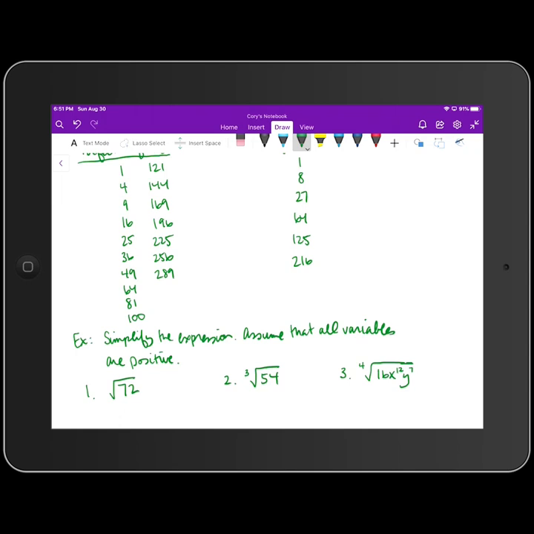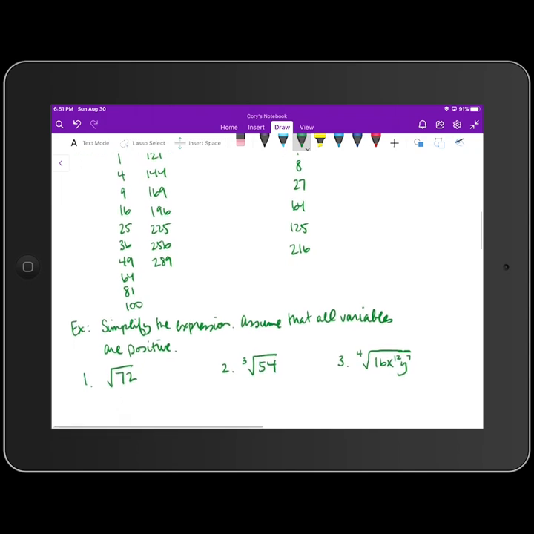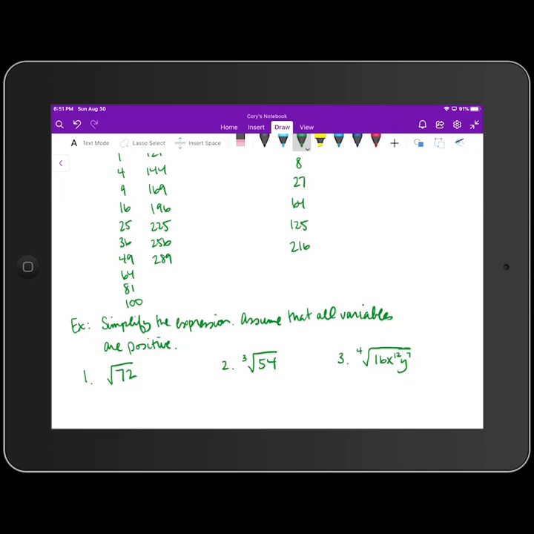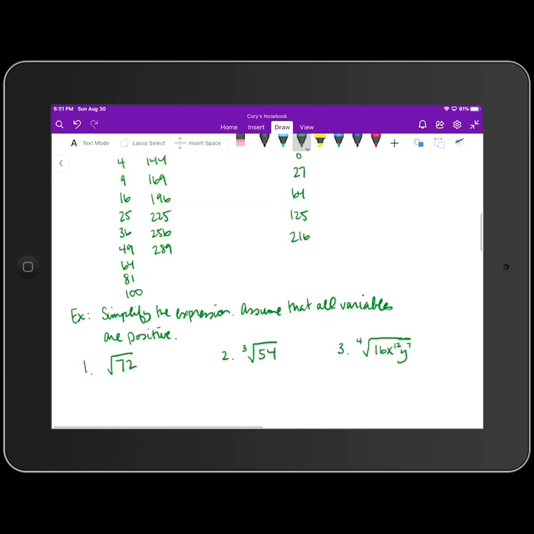Okay, so for number 1, when we have the square root of 72, anytime I'm simplifying a square root, I want to try to break that quantity up into factors that are perfect squares and factors that are not perfect squares. The largest perfect square factor of 72 is 36.